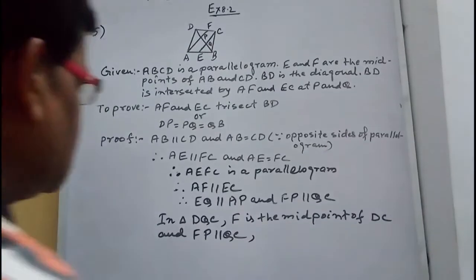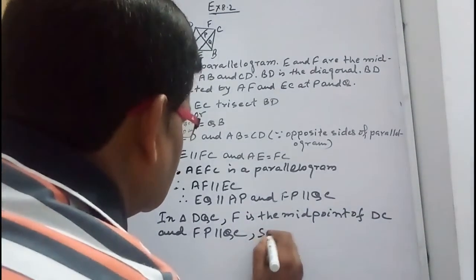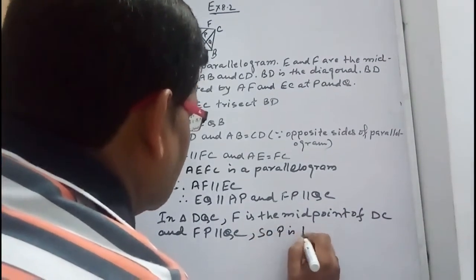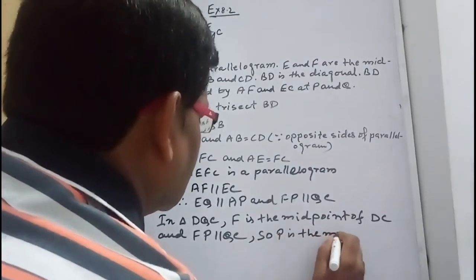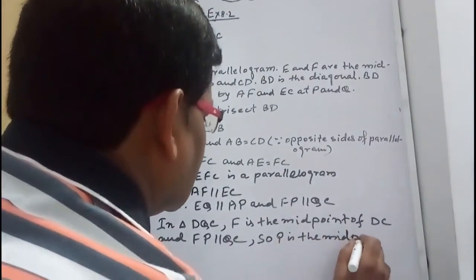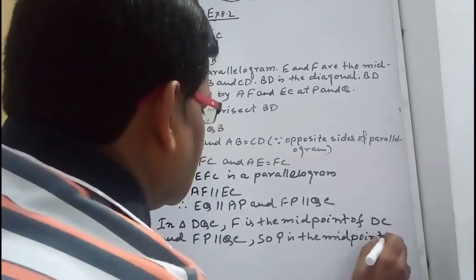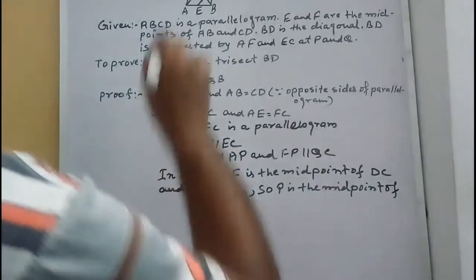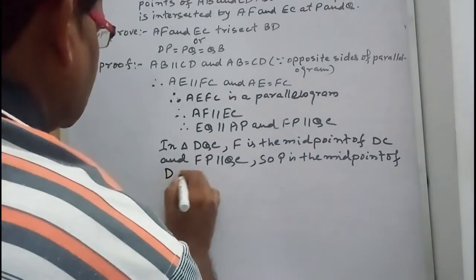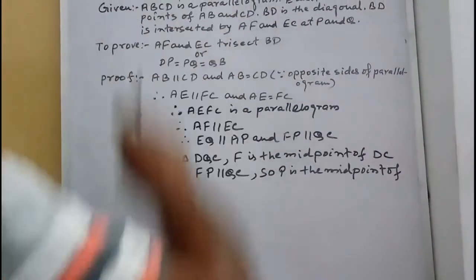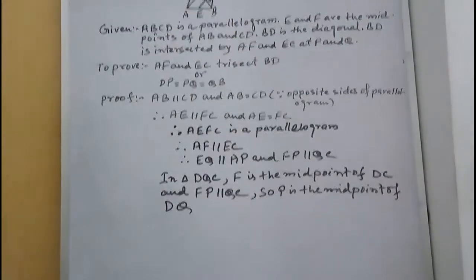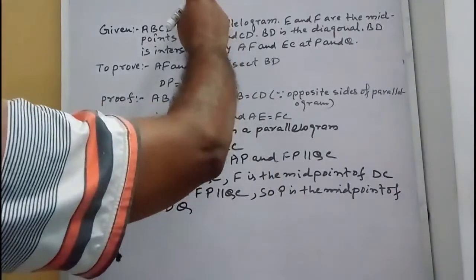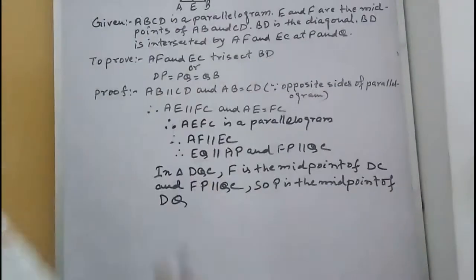So P is the midpoint of DQ. F is the midpoint of CD, FP is parallel to CQ. Therefore, P is the midpoint of DQ.